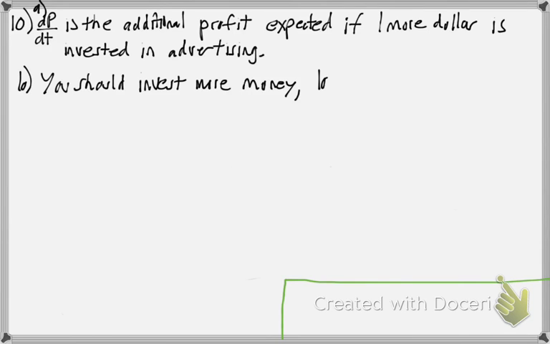This is because if dP over dt is positive, then the function P is increasing.